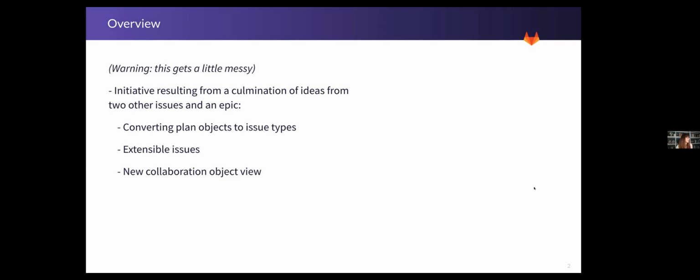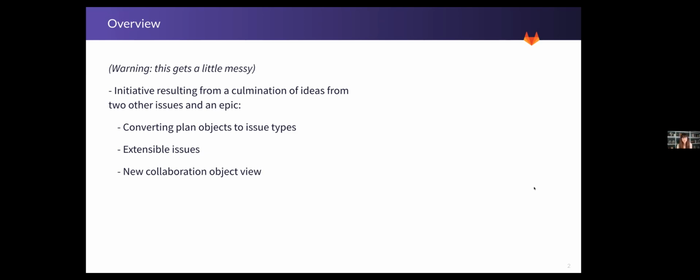Just to give a quick overview of what we were looking to accomplish here, and the epic is in the agenda. We had this initiative resulting from a culmination of ideas from a couple of large issues and an epic, which included converting plan objects such as issues and epics to issue types, which we already have a base for in place, in that we have issues and incidents.